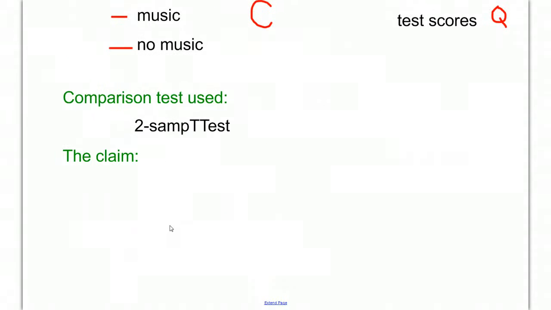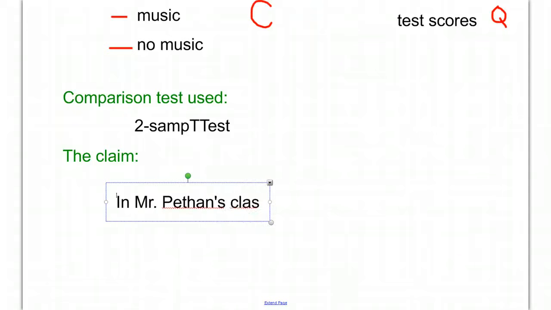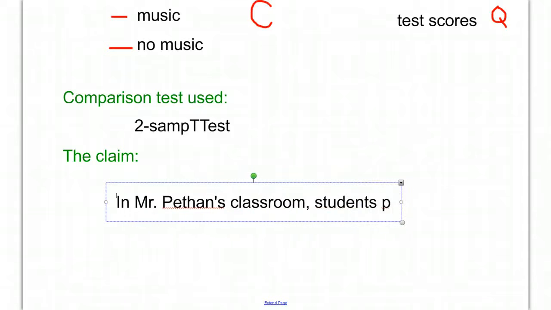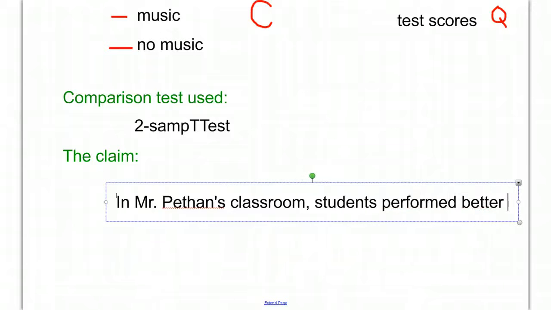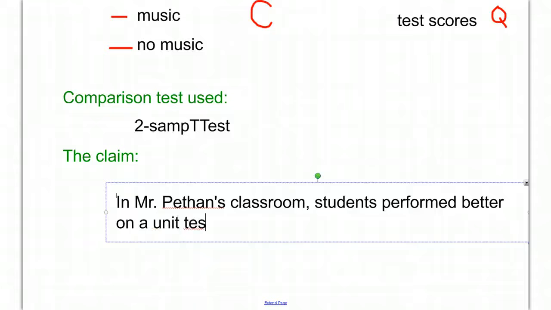And then finally, the claim. Let's say that this two-sample t-test comes out to say there is a significant difference between these groups. And let's say that the music group performs better. Then we can say, in this classroom, let's be specific to this teacher, let's say it's Mr. Pedon's classroom, students performed better on a test, let's say a unit test, while listening to music.